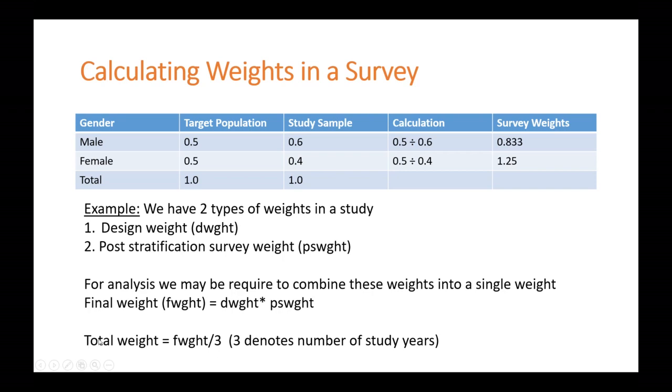This particular example, the last line over here, is very common in longitudinal studies. So this is just an example to tell you how survey weights are calculated and how you can incorporate them when you are doing your study analysis.